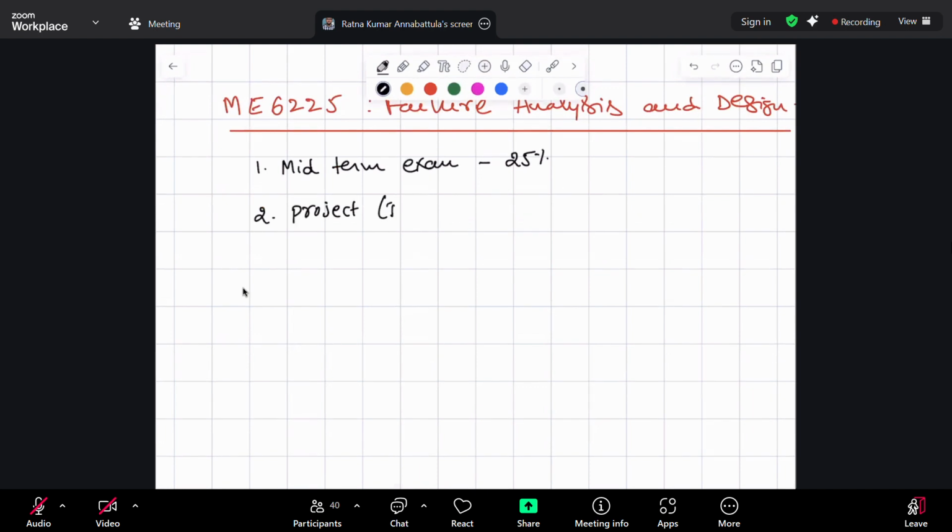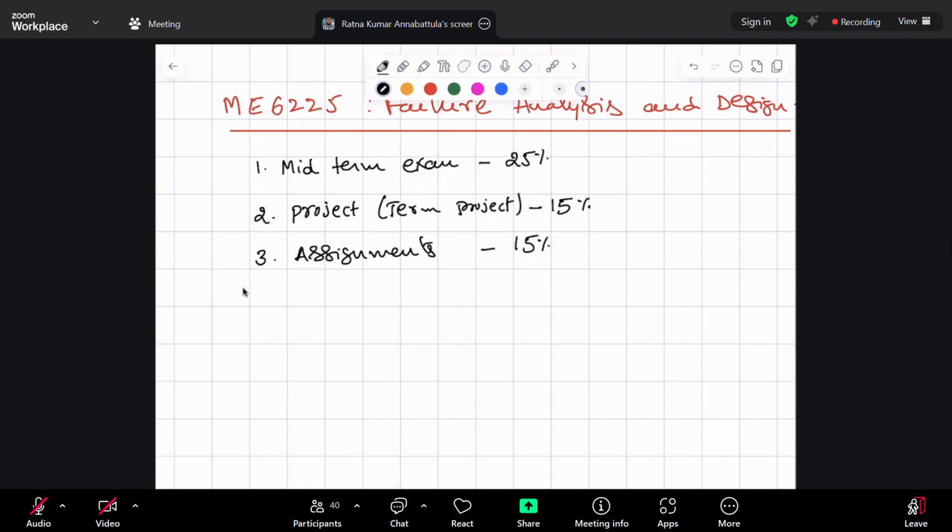I would call it a term project, and it's an individual project which will carry 20%. There will be assignments. Maybe midterm project, let us keep it as 15%.